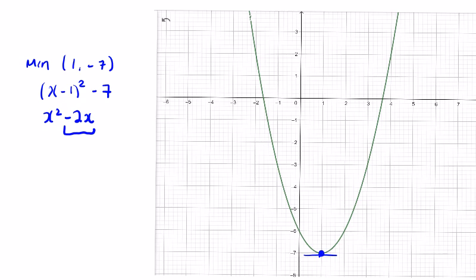So the 2x gives this value of a 1. The 1x will give a value of a half. 4x gives a value of 2, and so on. I hope you're identifying these right at this point. So that's x squared minus 2x plus 1 minus 7, which would be x squared minus 2x minus 6 for this one.